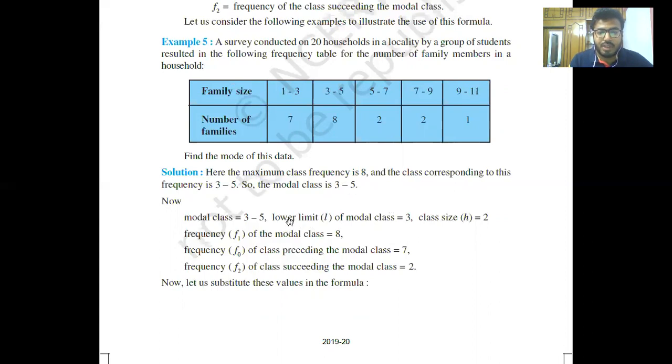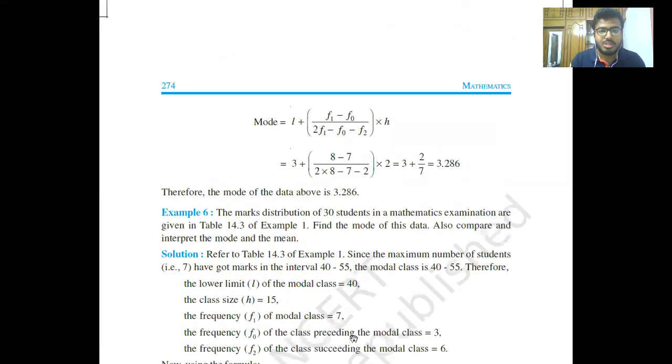And basically you have to write this much from lower limit: L is equal to 3, H is equal to 2, F1 is equal to 8, F0 is equal to 7, and F2 is equal to 2. All these details you have to write. And after that you have to substitute the formula, that is mode is equal to L plus bracket के अंदर (F1 minus F0) upon (2 times F1 minus F0 minus F2) into H. Is that clear, this thing?